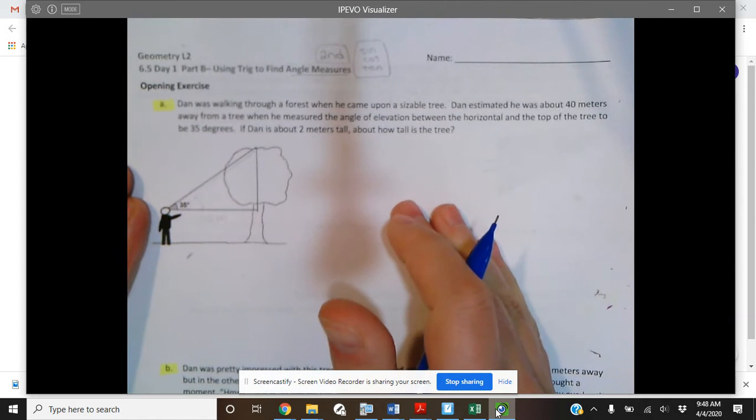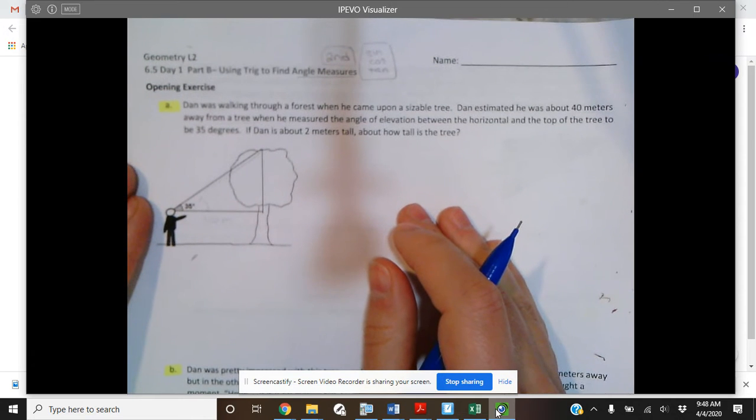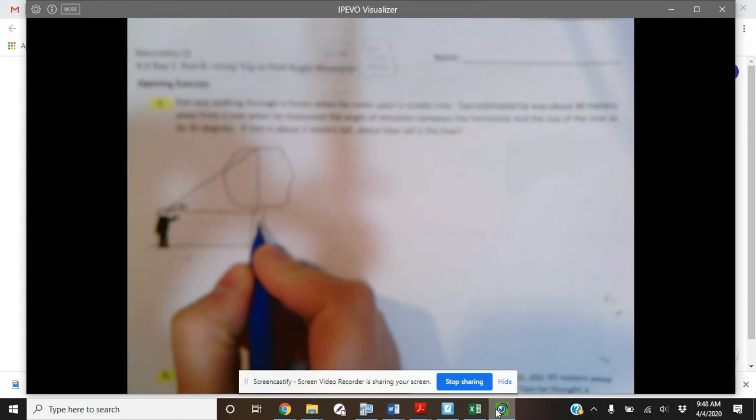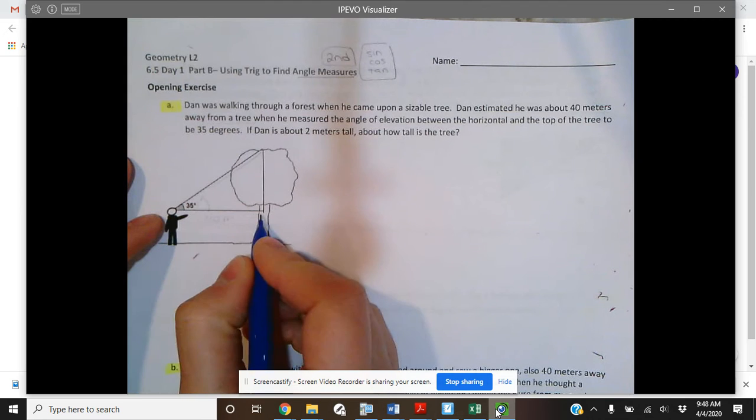Okay. So in this first warm-up problem, we have Dan, and he's walking through the forest when he came upon a sizable tree. He estimated that he was 40 meters away from the tree. So here's Dan, here's the tree.